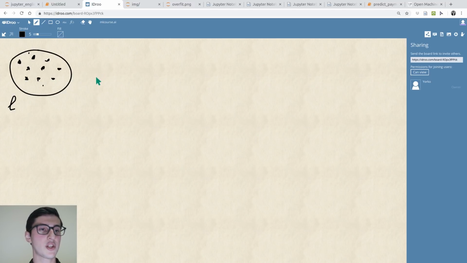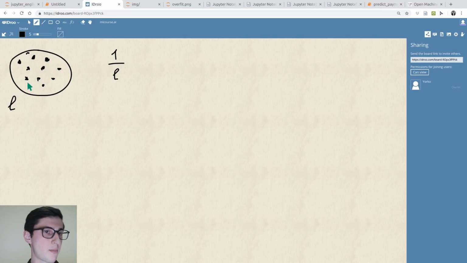Let's figure out what's the expected size of unique balls in our dataset. If I pick a random ball, I've got 1 over L probability that I actually picked this ball.